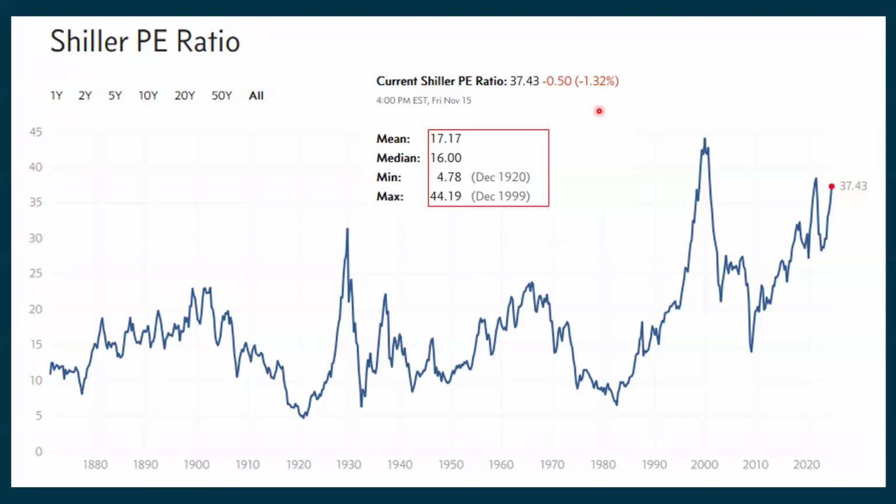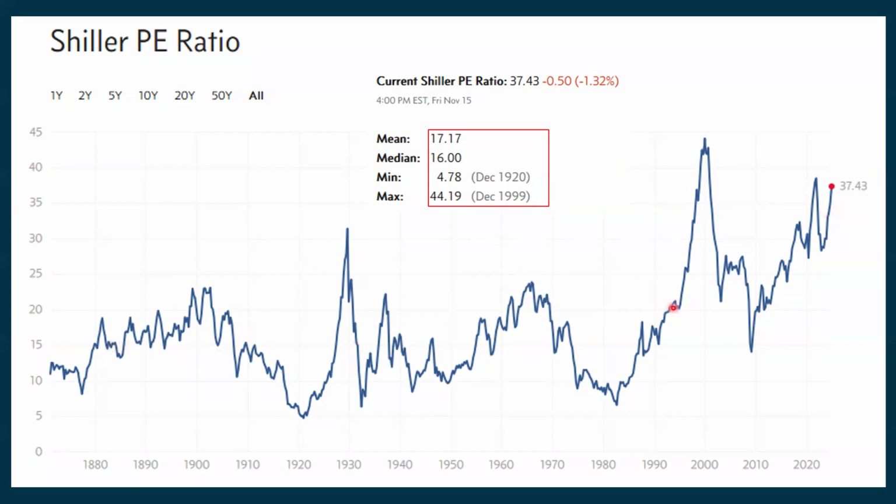And Robert Shiller developed a variation of the regular PE ratio where he smooths out earnings over a period of time. Sometimes you may hear that referred to as CAPE, or PE 10. Well, when he does his calculation, we're coming in at 37.43.